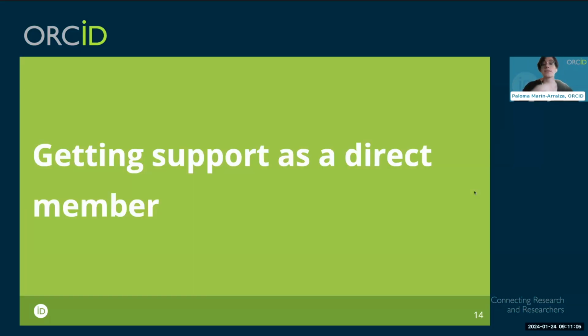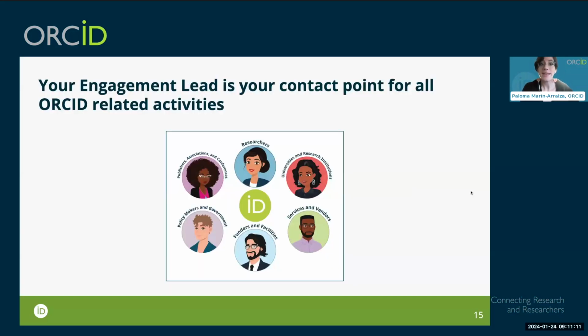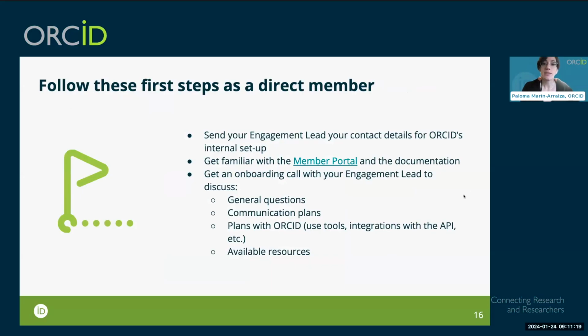On the other hand, we have direct members as well, so members that aren't part of a consortium. In this case, your engagement lead is your point of contact for all ORCID-related activities. What you need to do is a similar process, but in this case, directly with the engagement lead. So you should inform your engagement lead about your contact details so that the internal setup can be finished.